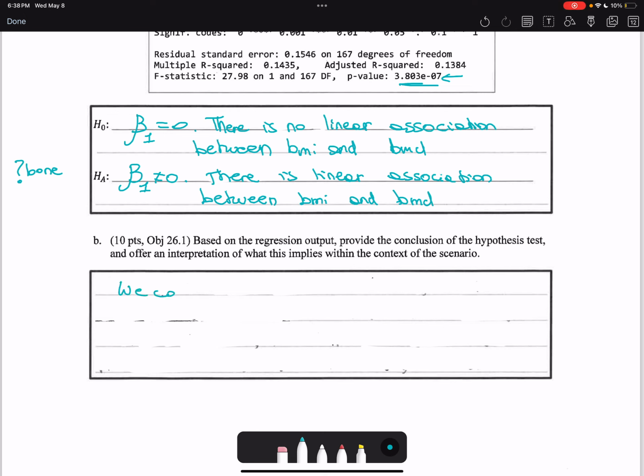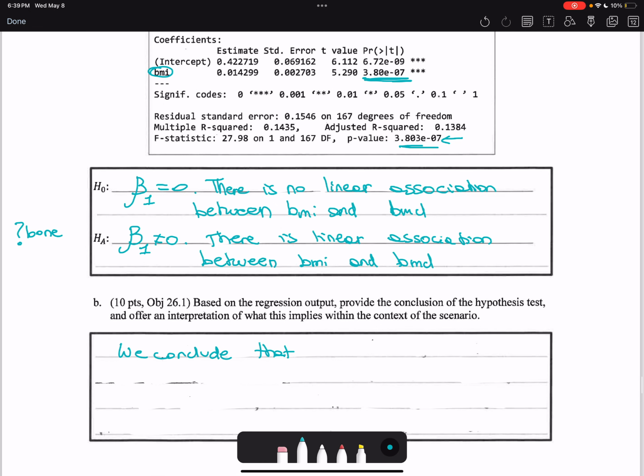So we conclude that BMI has predictive power with respect to BMD.